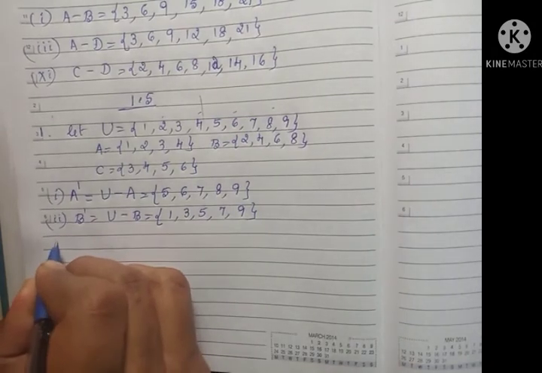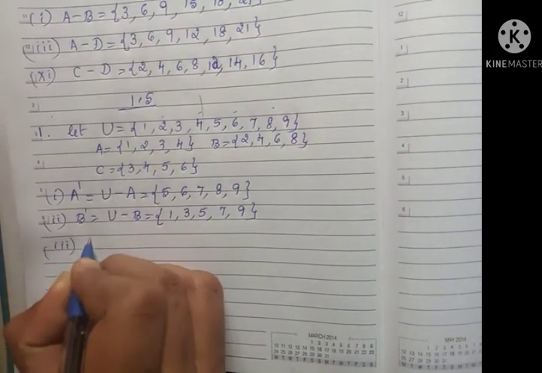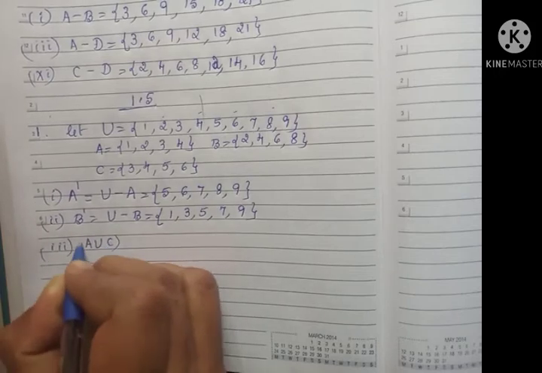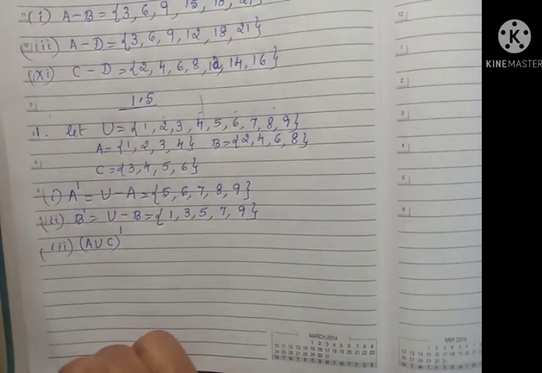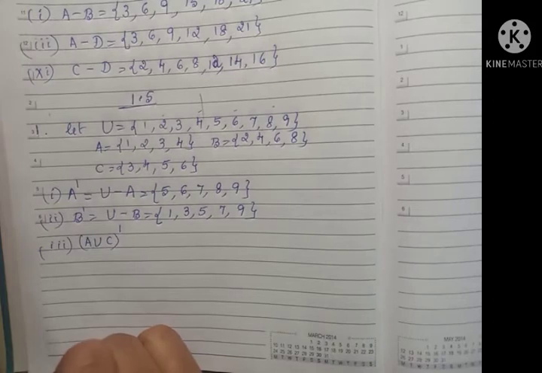Next, third one. A union C complement or A union C dash.